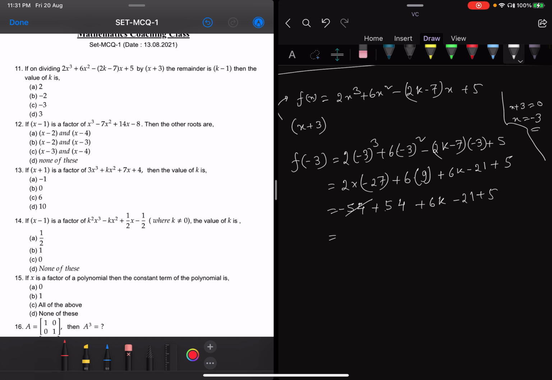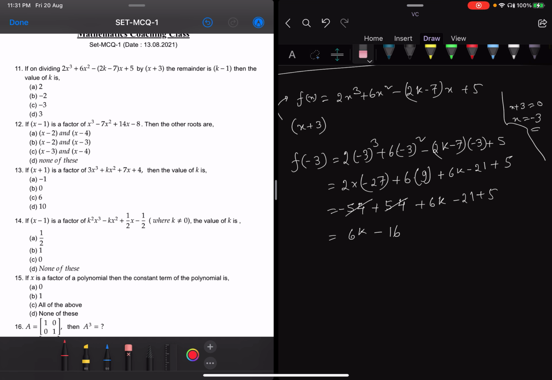Now minus 54 plus 54 cancel out, so it is 6k minus, if we subtract 5 from 21, we get 16.